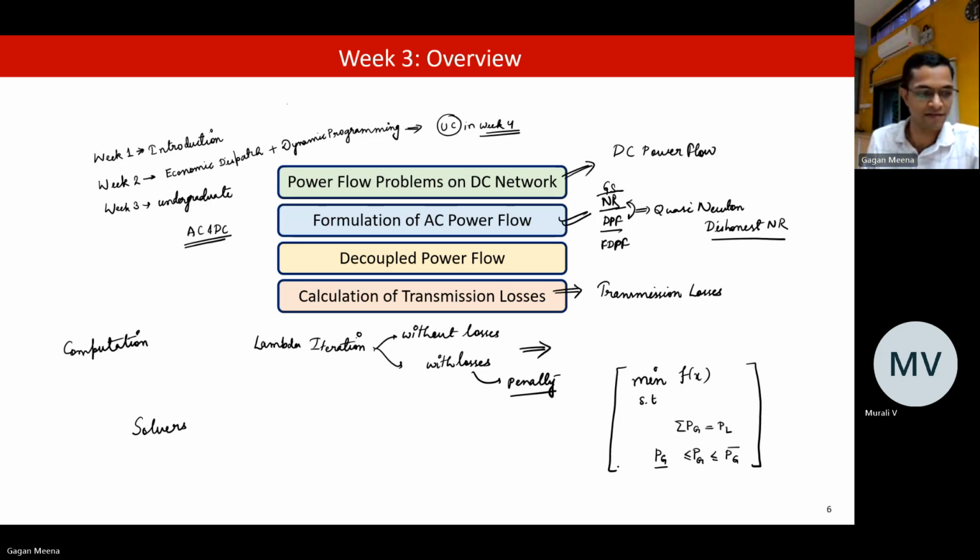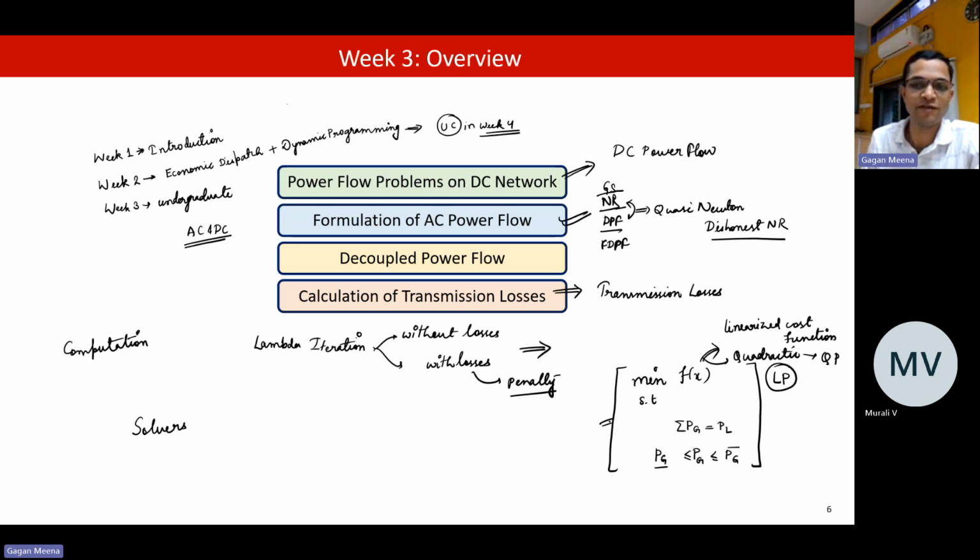Now this f(x) can be linear also. We have discussed piecewise linear cost curves. You can convert the quadratic function into piecewise linear, then it will become a complete linear program, an LP. If we use the original quadratic cost function, then it will become a QP.